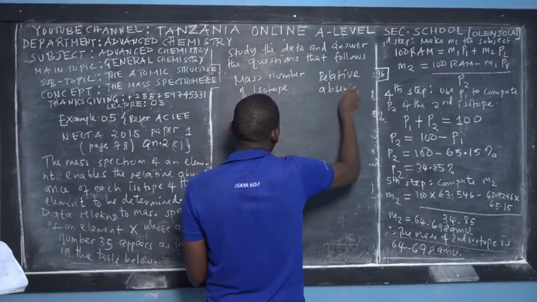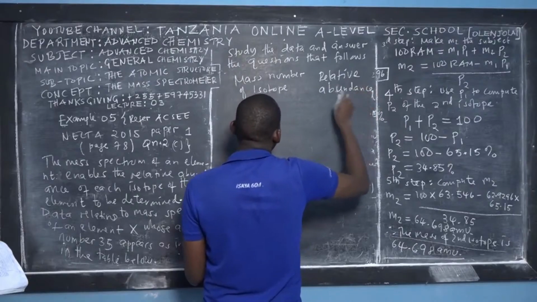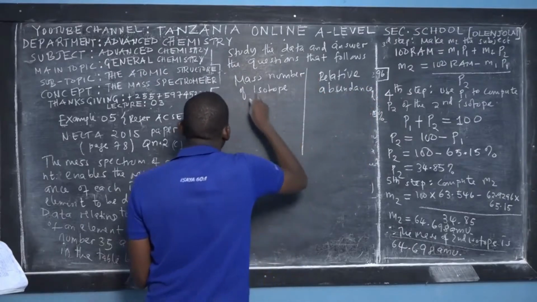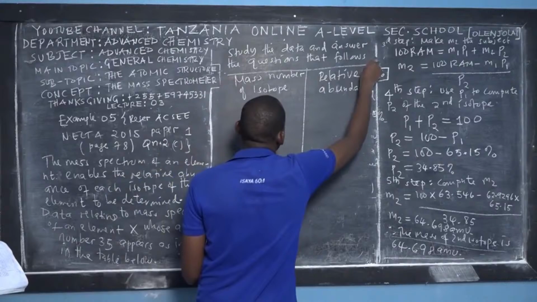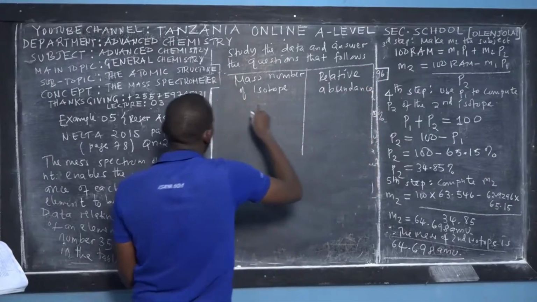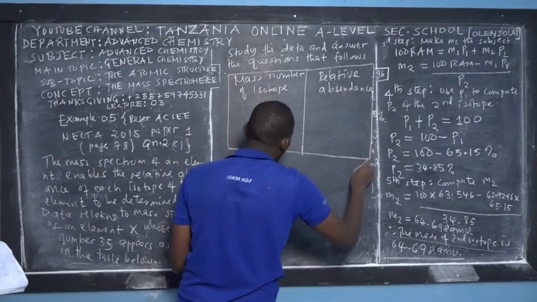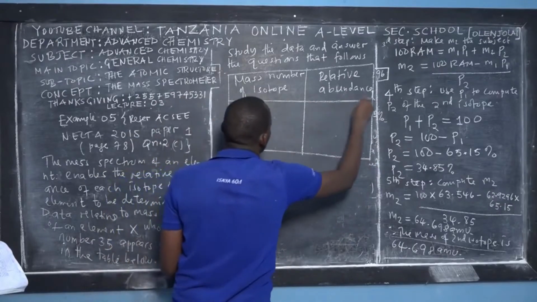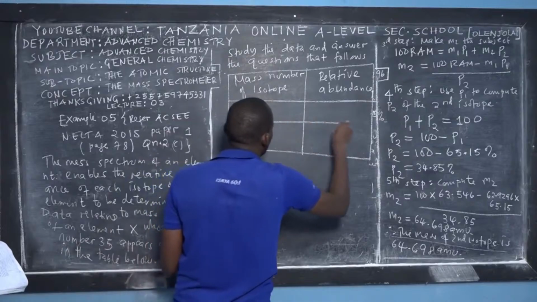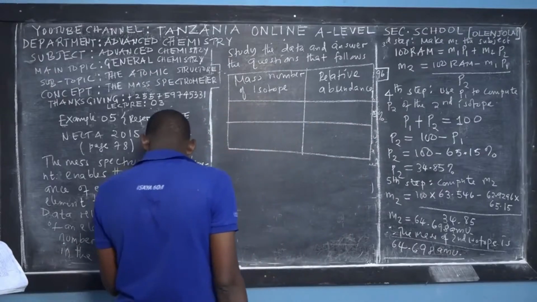So you have two columns, and then we also have three rows: first row, second row, and third row.